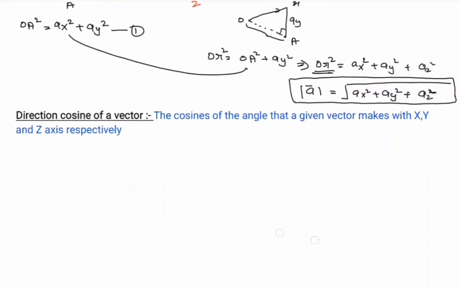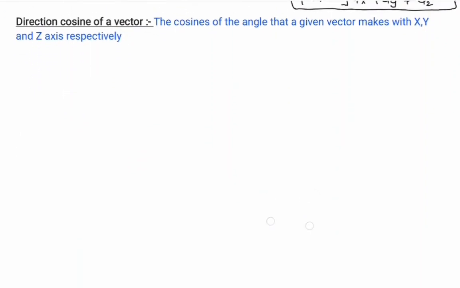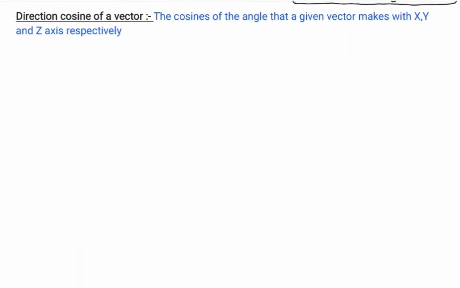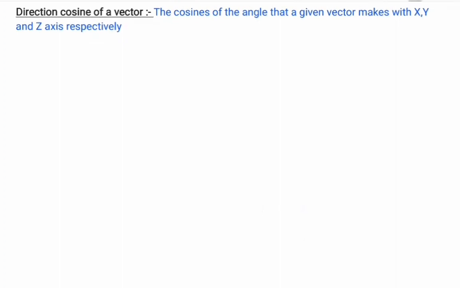Now we will discuss the direction cosine of a vector. What do you mean by the direction cosine of a given vector? Suppose there is a vector which is making angle alpha from the x-axis, beta from the y-axis, and gamma from the z-axis.